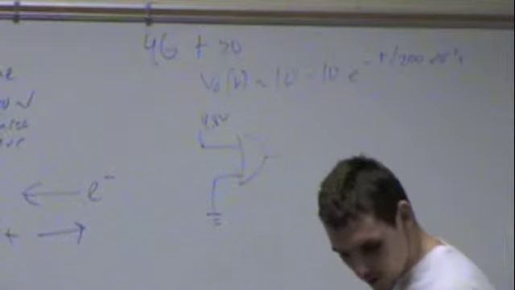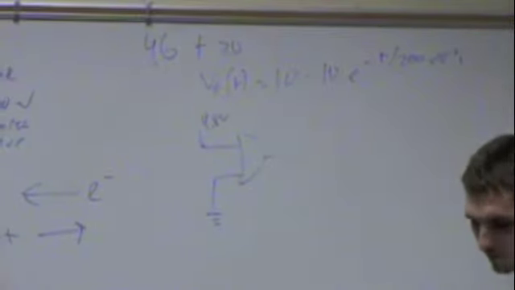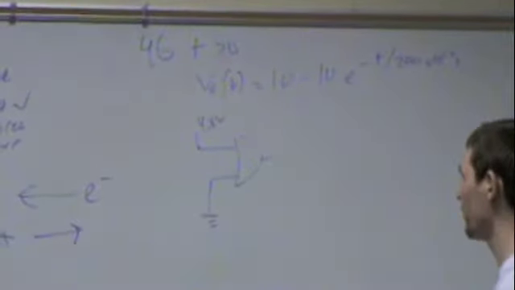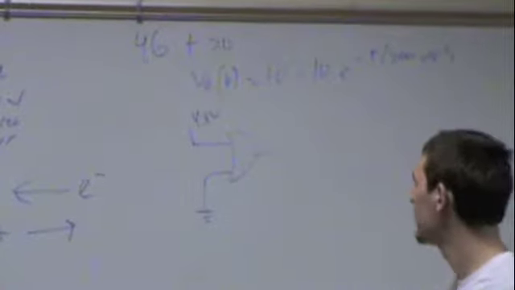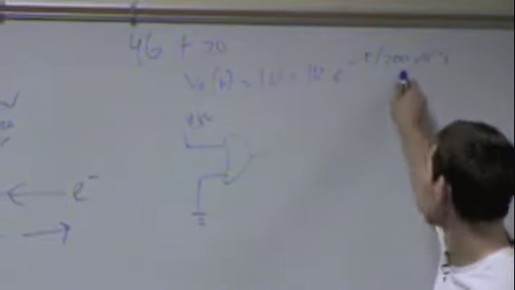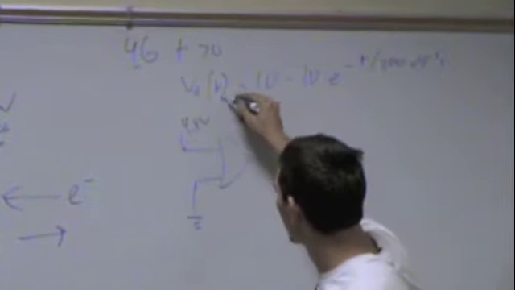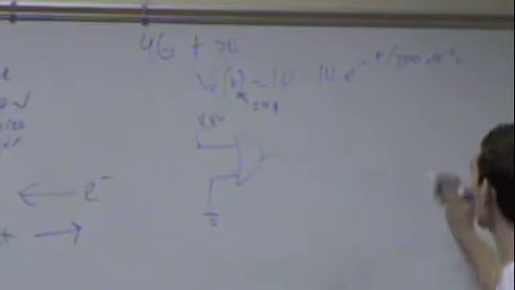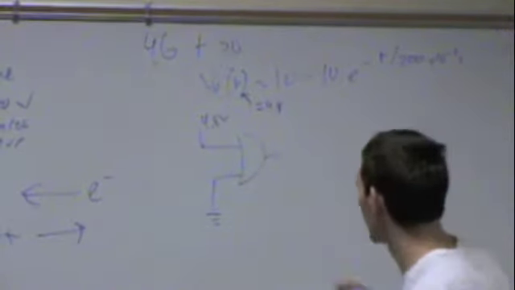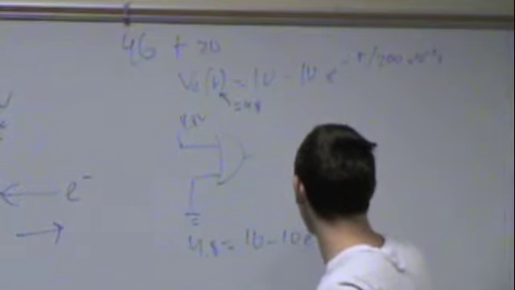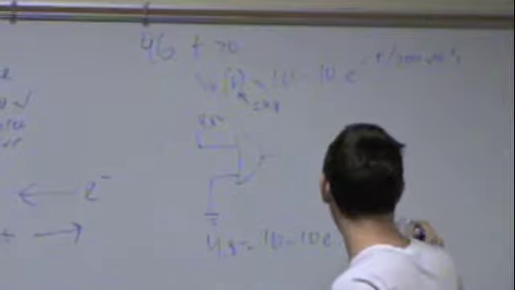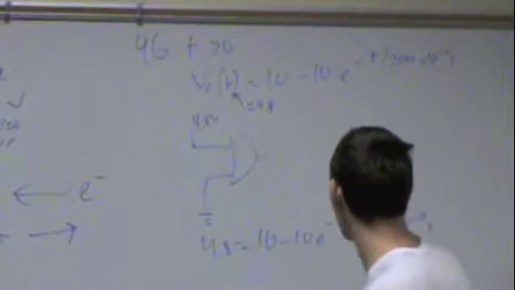So we want to know the approximate time required for the amplifier to reach 4.8 volts. We want to know the delay in our circuit. All we have to do is find out when this equals 4.8, and then find t. So, really simple. 4.8 equals 10 minus 10 e to the negative t over 200 times 10 to the negative 9 seconds.